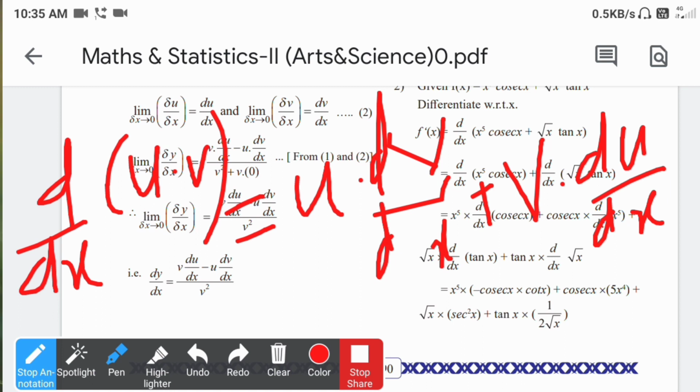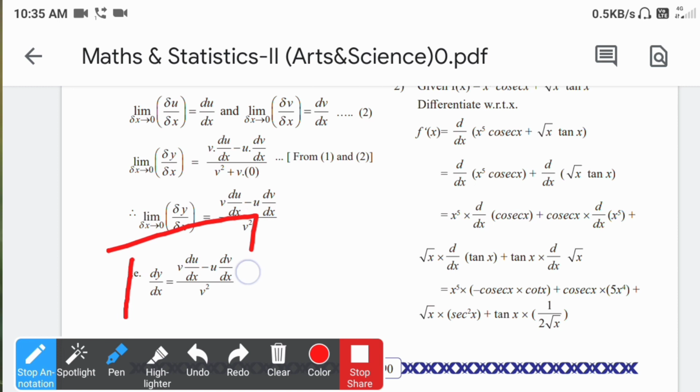Okay, so try to remember these three formulas. One is the derivative of an addition function, second is the derivative of a multiplication function, and the last one is the derivative of u upon v. For the derivative of u upon v, we get the second function into the derivative of the first function minus the first function into the derivative of the second function, divided by the square of the second function.